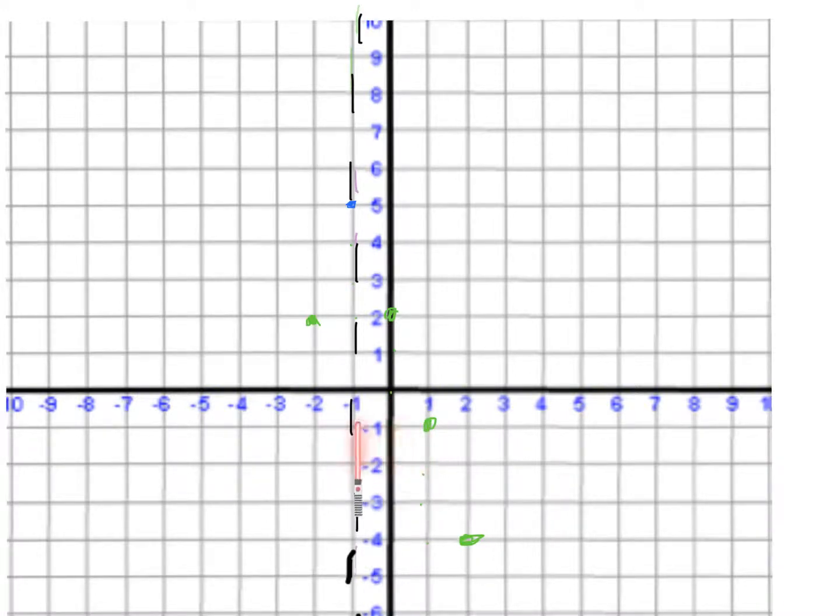So we went 1, 2, so 1, 2. Let's make our second point. And then our third point, which I did way down here. Notice we went 1, 2, 3. So let's go 1, 2, 3. So right there.